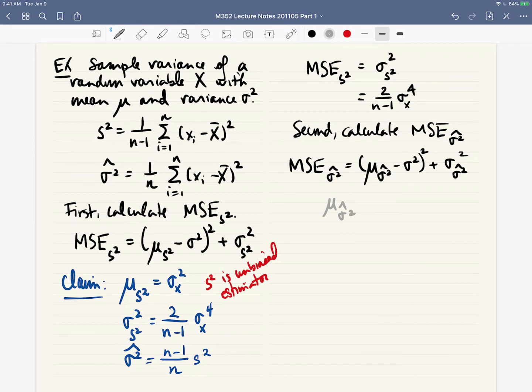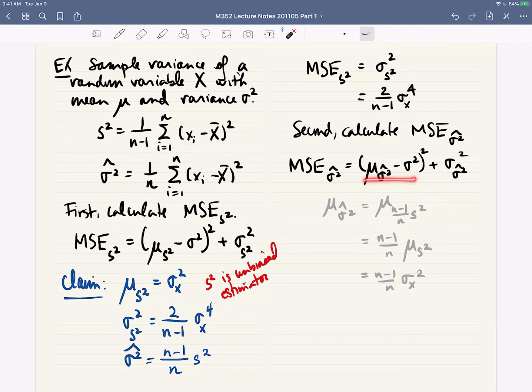The mean of our estimator is the mean of n minus 1 over n of the sample variance. And by properties of the mean that we've talked about before, this is n minus 1 over n times the mean of the sample variance. And we're given here in the claim that the mean of the sample variance is our variance squared. So this is good.